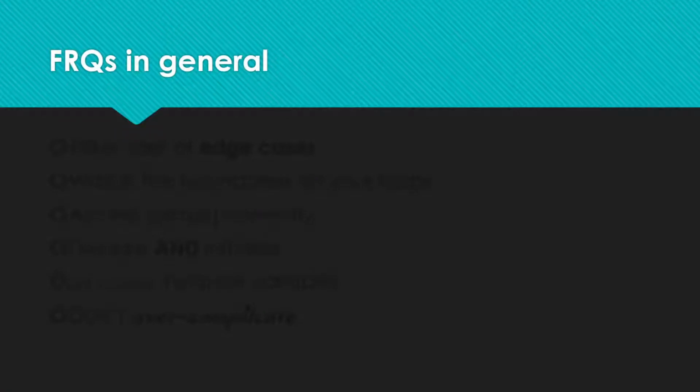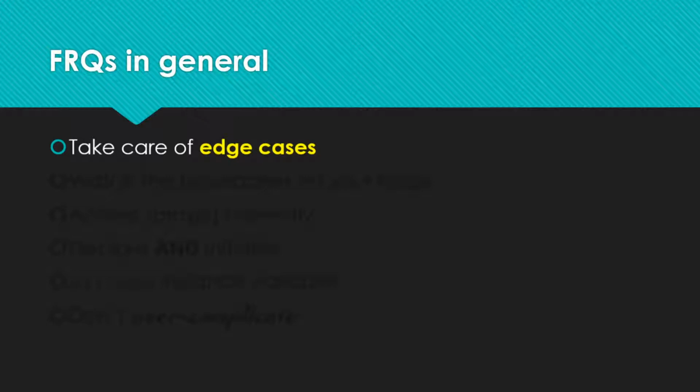Now, I'm sorry I don't have examples for all these things, but I didn't quite have enough time. This is meant to be a quick video just to put you on the right track. The first thing is take care of edge cases. Whenever you're doing an FRQ, you will have cases where there may be a 0, or a time when you get to the end of an array.